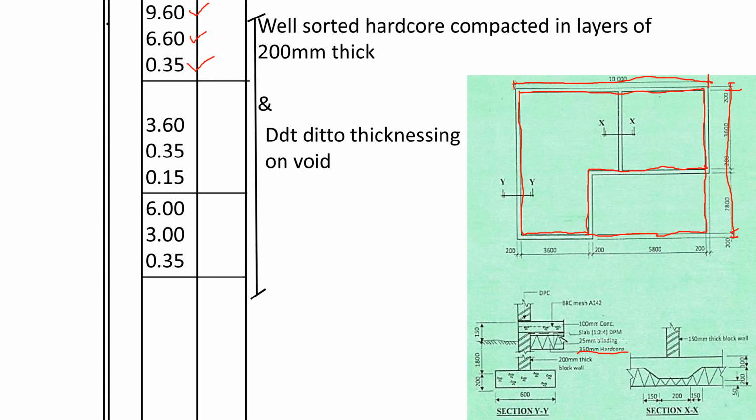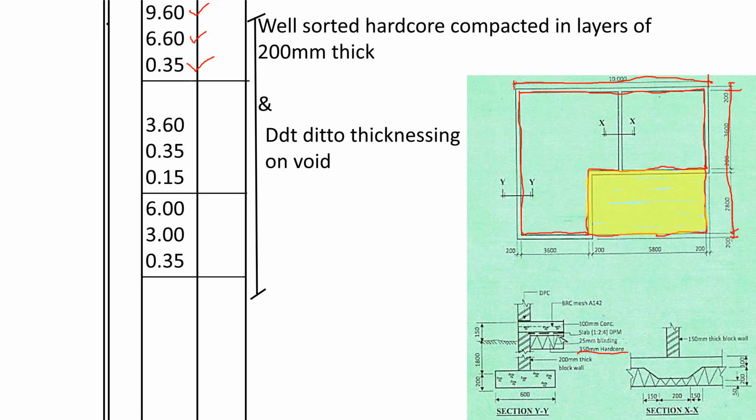Now, that one was for the rectangle. We need to deduct this rectangle for the void. So I shall highlight it in yellow. This area needs to be deducted. Now that we have the internal dimensions of the hardcore, to deduct this yellow part, because it shall not have the hardcore, we shall take the dimensions of the yellow part.